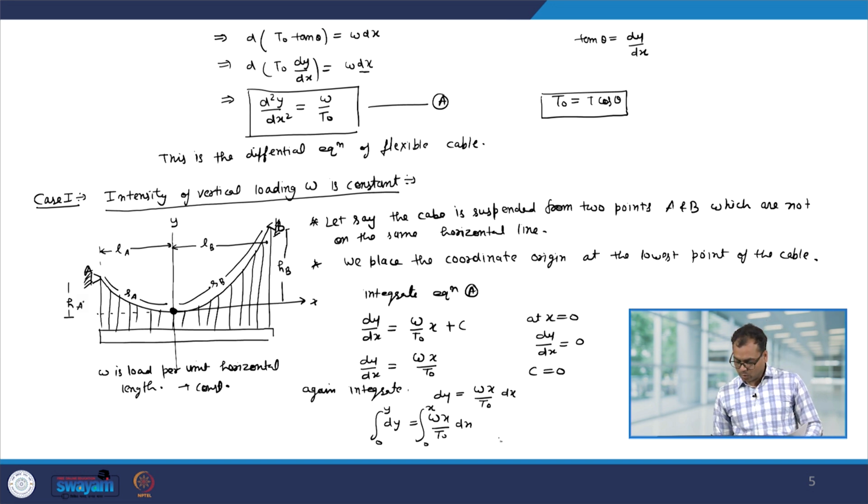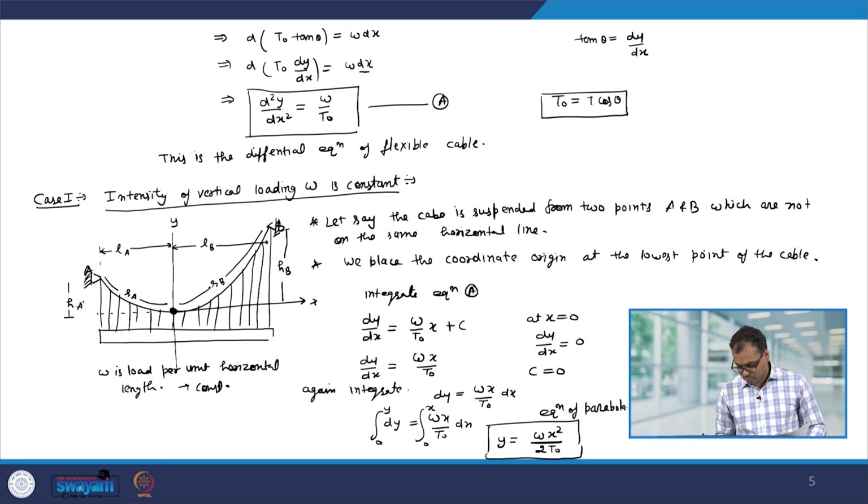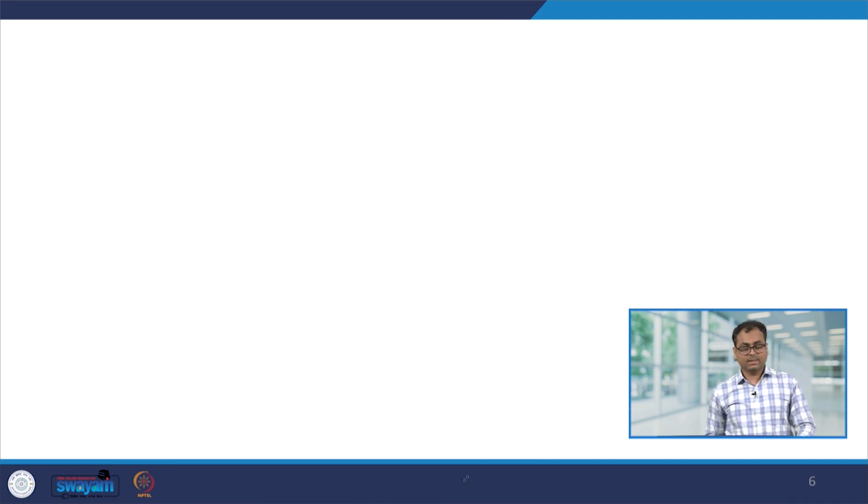So, we have y equal to W x square over 2 T naught. And what is this? This is the equation of parabola. Let us call it equation number 1. So, under constant vertical loading, the equation of the cable will be the equation of parabola. Now, let us calculate the tension in the cable.